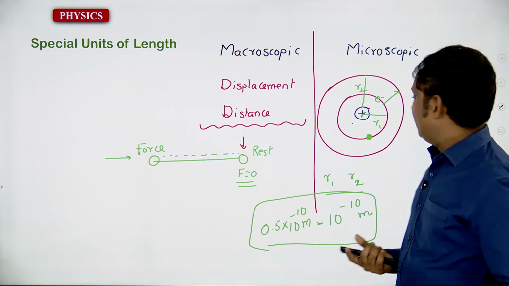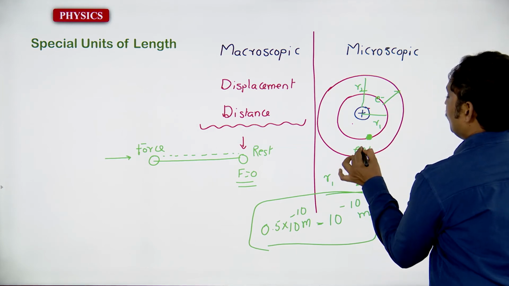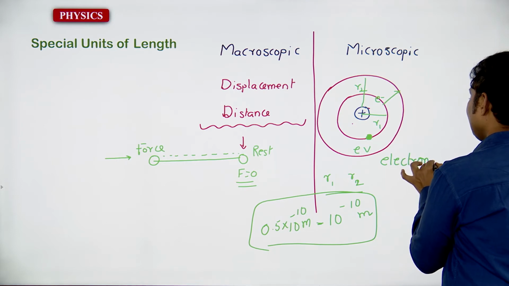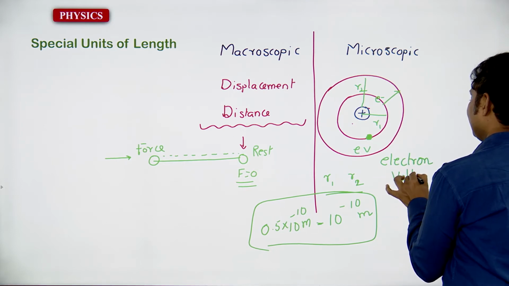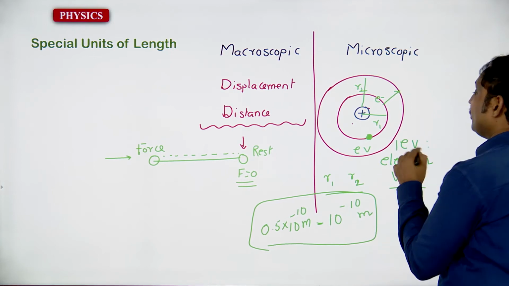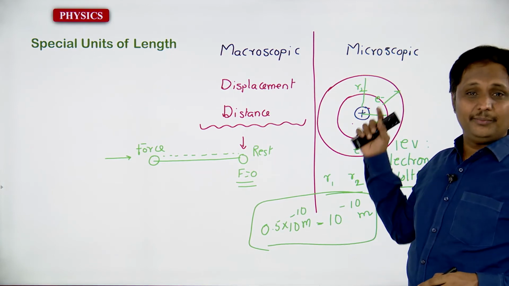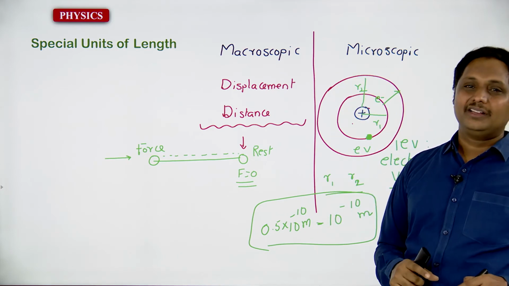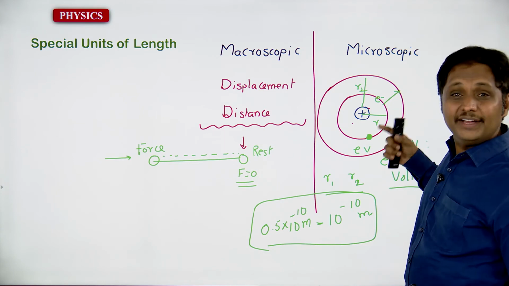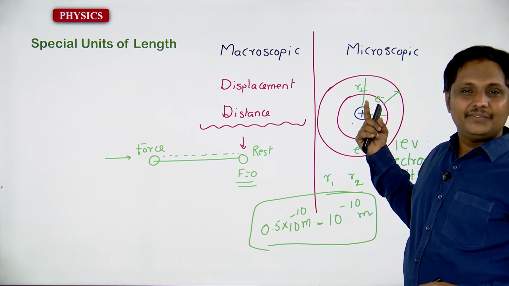So you have to measure in electron volts. Yes, you have to express the energy difference from one orbit to another orbit in terms of electron volts. Whenever an electron needs energy to excite, it's very simple.